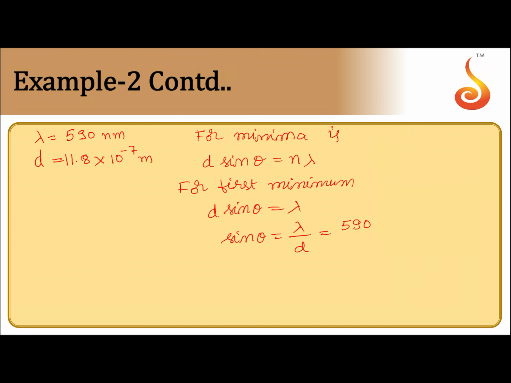It is 590 into 10 to the power minus 9 divided by 11.8 into 10 power minus 7. So you will get 50 into 10 to the power minus 2, that is nothing but 0.5. 0.5 is nothing but half. So sin theta is equal to half. So theta should be equal to 30 degree. This is the angular position of first minima.